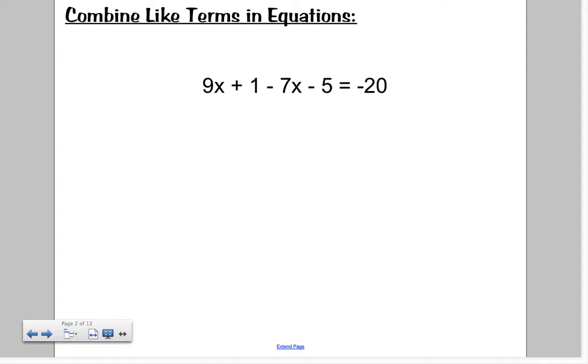All right, first off, in this situation right here, could you guys box the variable term? You're on the first slide where it says combine like terms and equations. Please box the variable term right now.